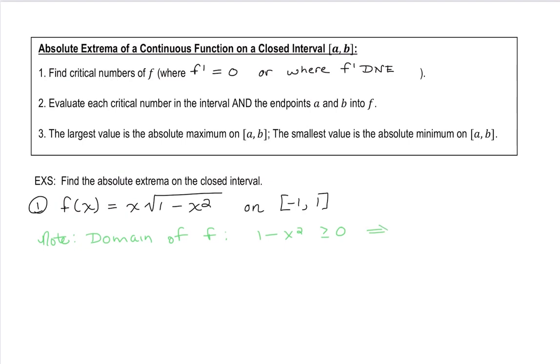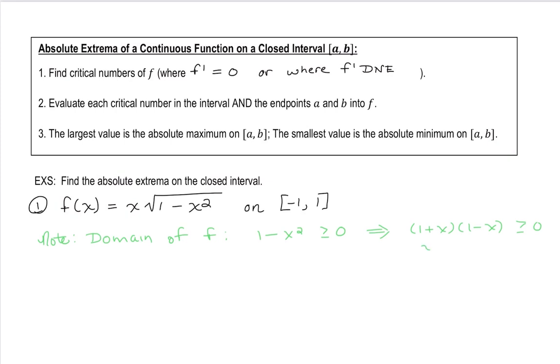Well, this is going to lead us to two numbers, plus and minus 1. You could think about factoring that into the difference of two squares, 1 plus x and 1 minus x. And at 1 and -1, those are the two locations where 1 minus x squared would equal 0.